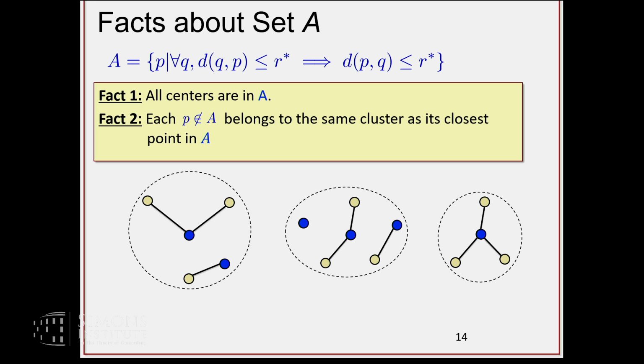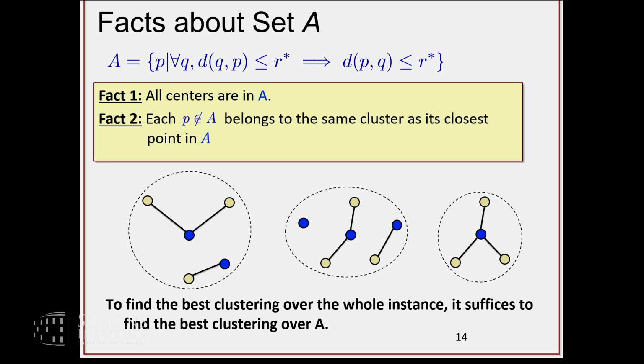I won't have time to prove these properties, but these two taken together give us a really nice property: it reduces our problem to just finding the optimal clustering in the set of good points A. Because not only is there one point per cluster in this set A, but also once we optimally cluster A, we just attach all the rest of the points to their closest point in A. Then we get a clustering over the entire instance.